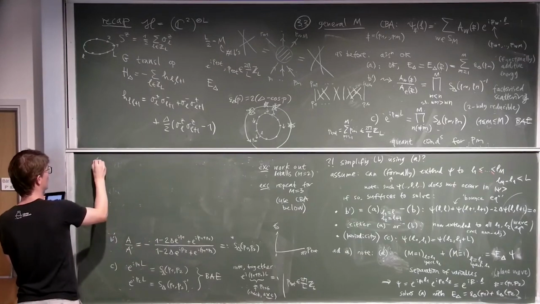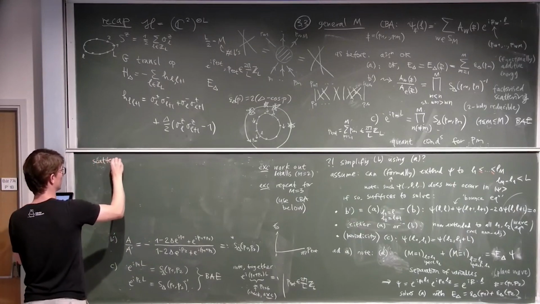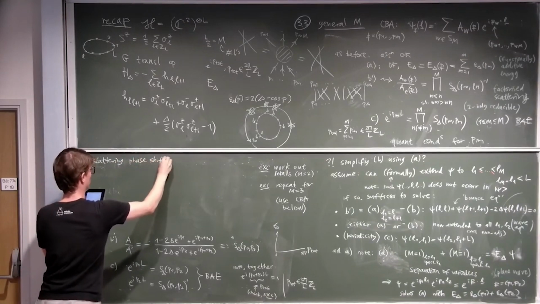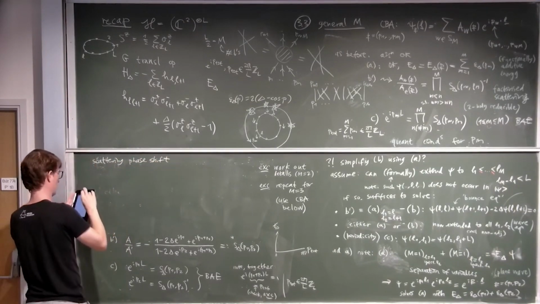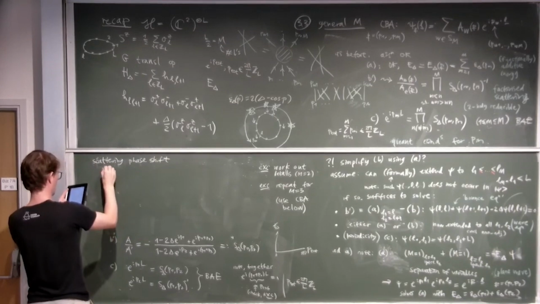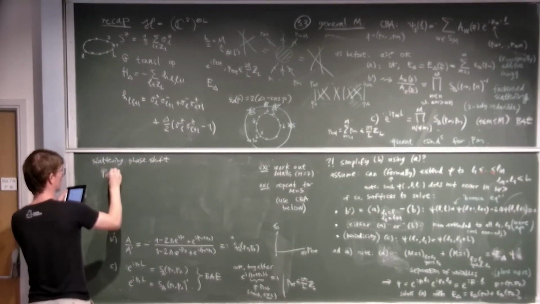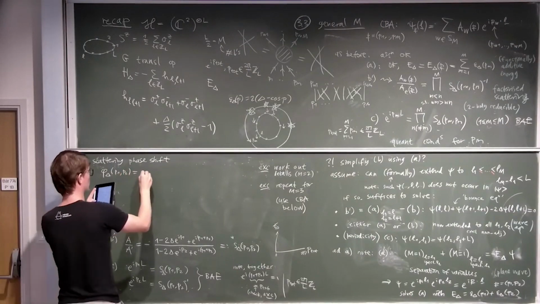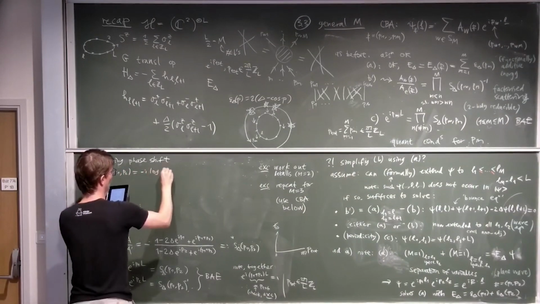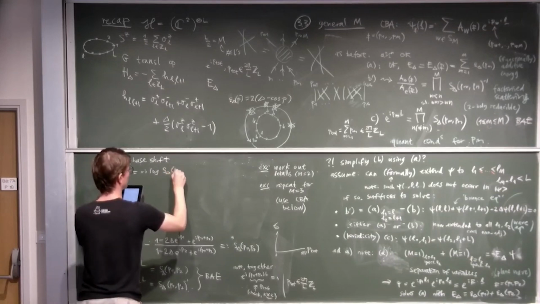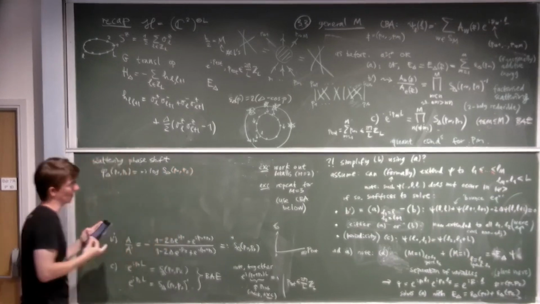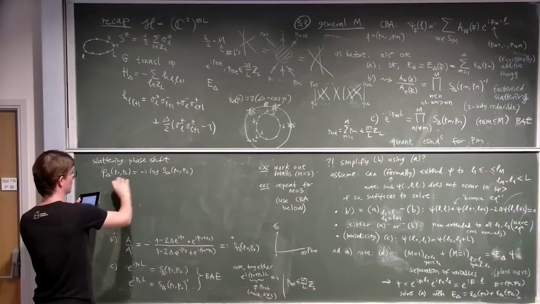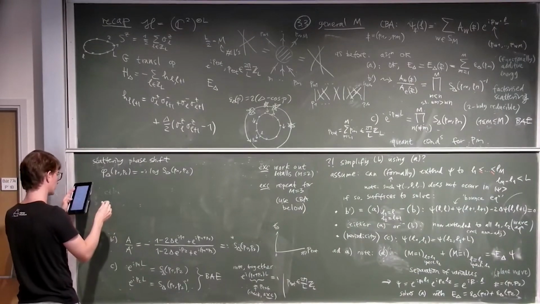We'll define a function which is called the scattering phase shift, which I will denote by phi subscript delta, and it only depends on two arguments. It's just minus i times the logarithm of the S matrix. In other words, I write the S matrix as e to the i phi. So this is the phase corresponding to the scattering matrix.